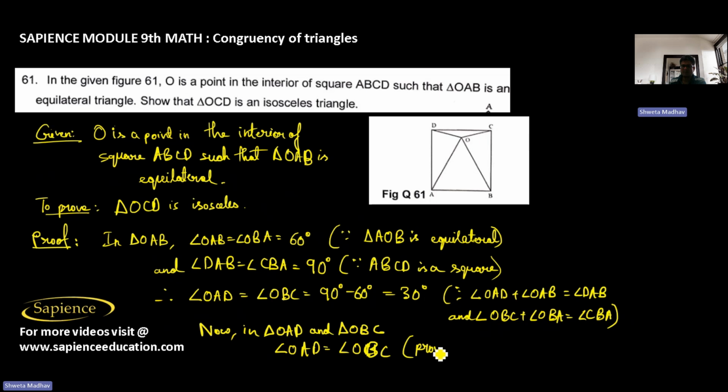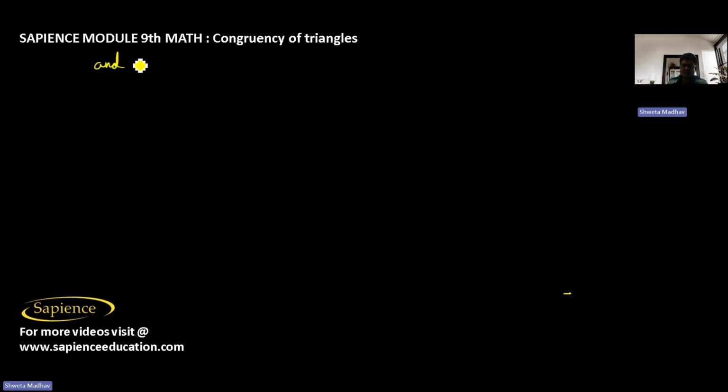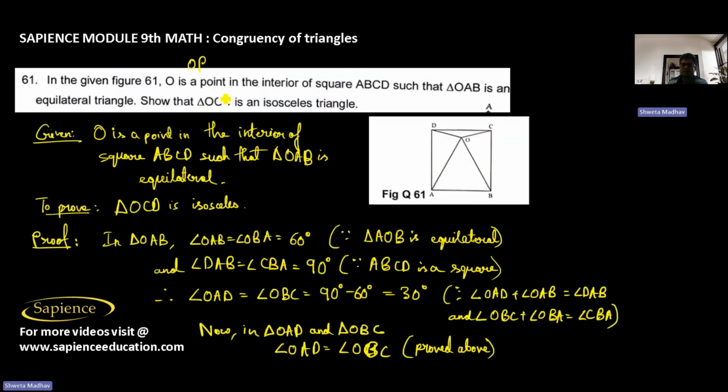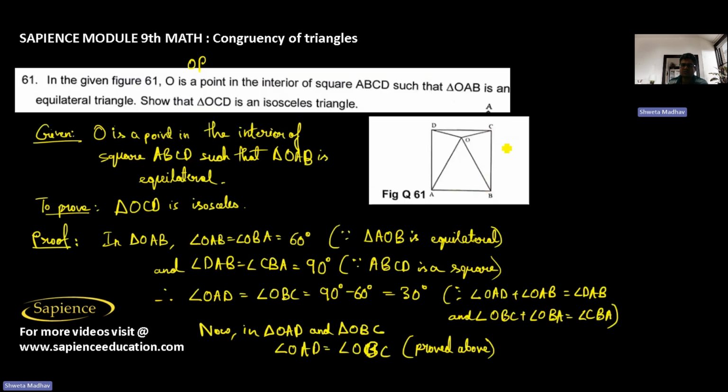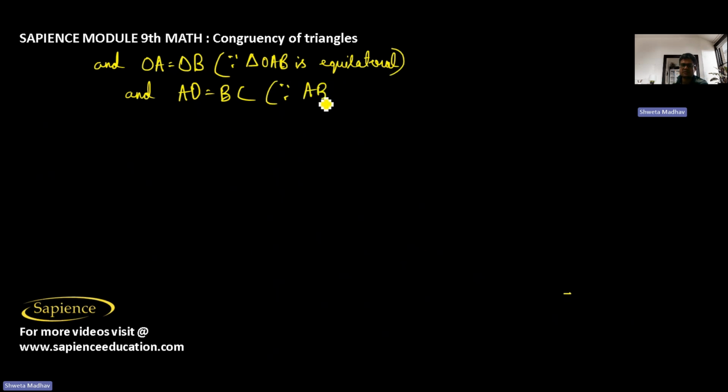Since it is proved above, and OA equals OB, since triangle OAB is equilateral, so all the sides are equal, and AD is equal to BC, since these are two sides of the square ABCD.